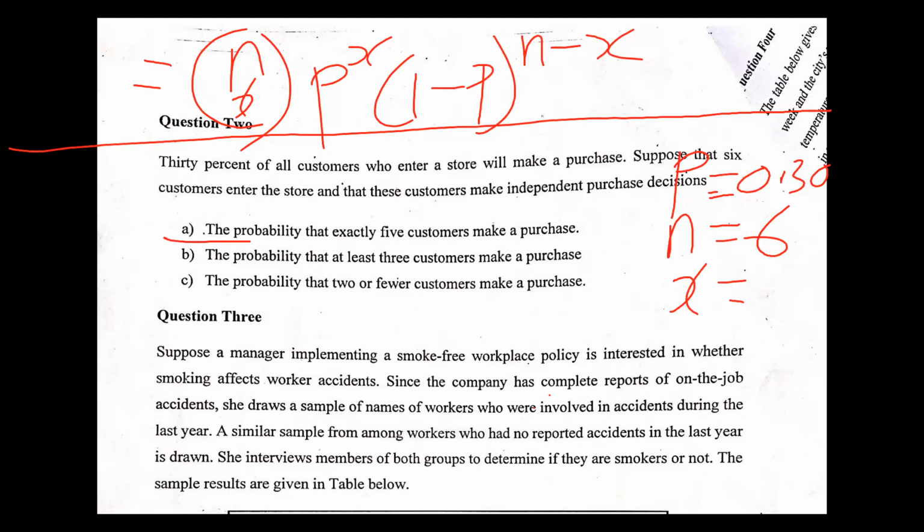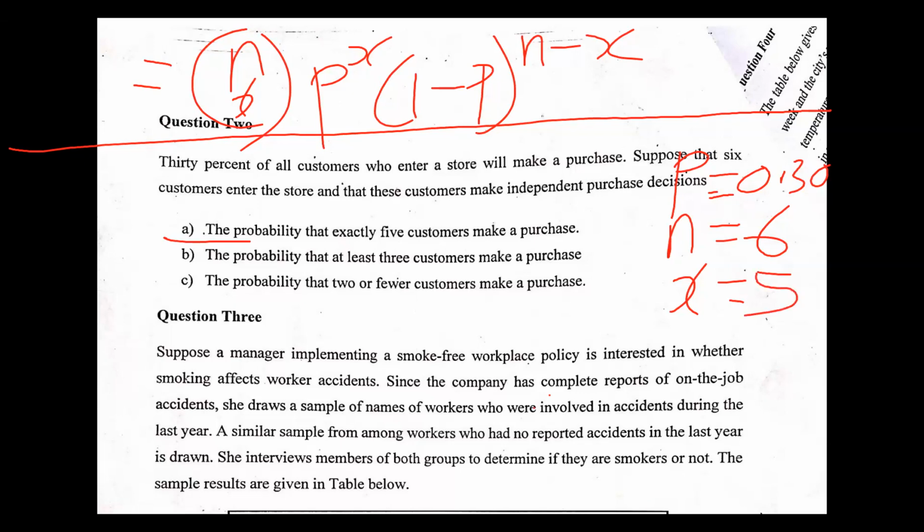What is the probability that exactly 5 customers will make a purchase? Every person that makes a purchase is a success to us. So what is the number of successes that we have? That is the value of X. 5. Yes, 5 is our number of successes.